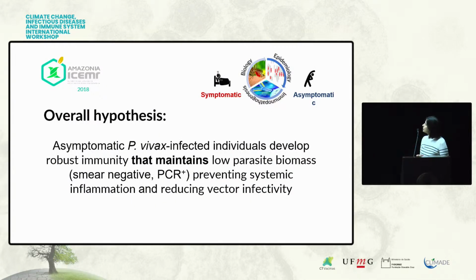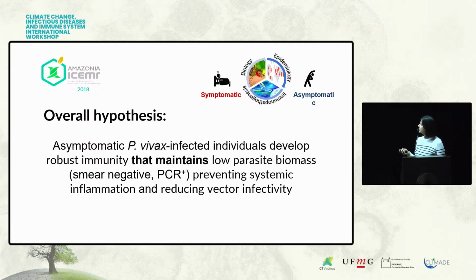So this project actually started a little bit earlier than 2018, and it involves a lot of different PIs. In the immunology part, it counted with Ricardo Gazzinelli, Douglas Golenbock, and myself.